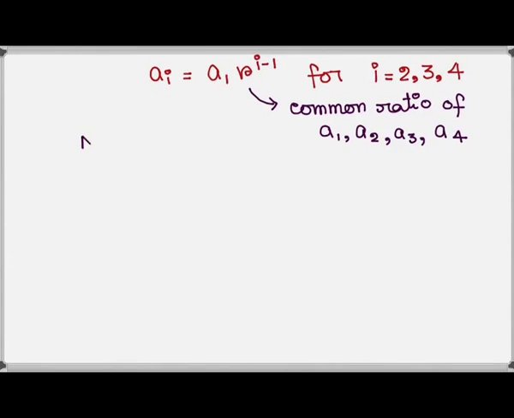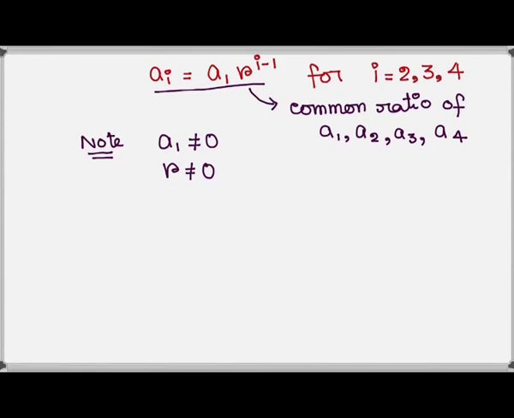Let us make a small note here that A1 is not equal to 0 and R is not equal to 0, because if A1 is equal to 0 or R is equal to 0, then it contradicts the fact that Ai's are all distinct.